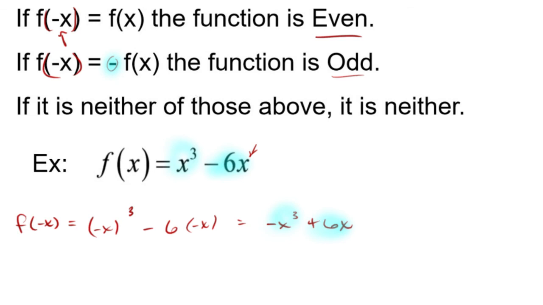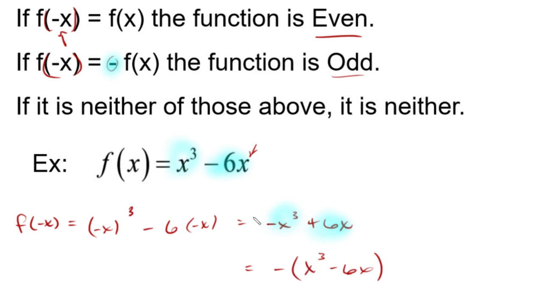If we were to factor out, now this might be confusing, so just try to bear with me. If you were to factor out the negative sign, you would get a negative outside, and then you get a positive x cubed minus 6x. And this is correct, because if you were to distribute it back in, you would get a negative x cubed and a positive 6x, okay?